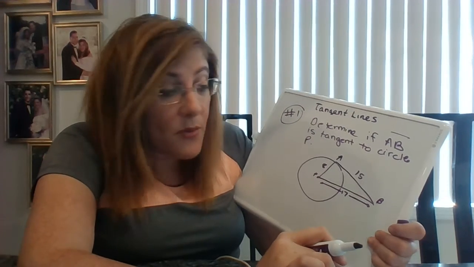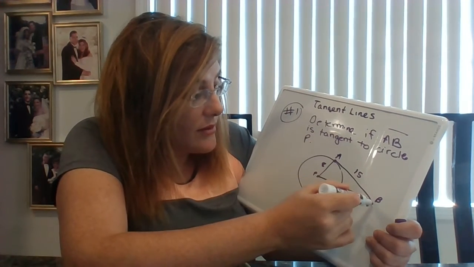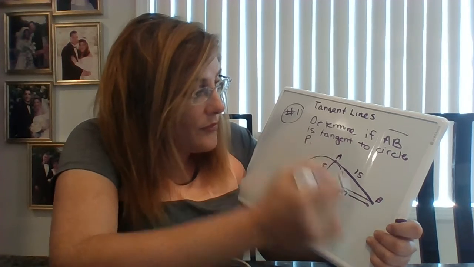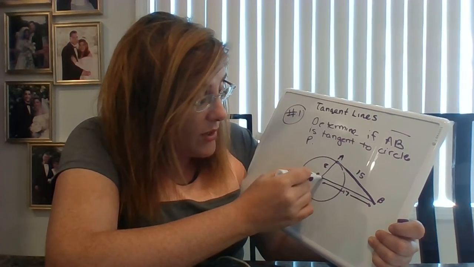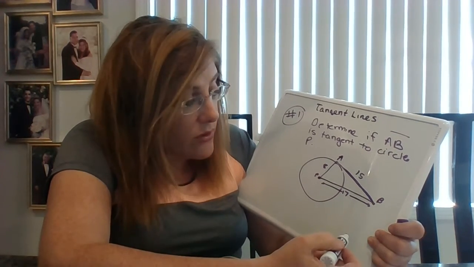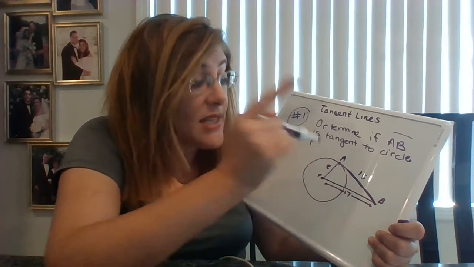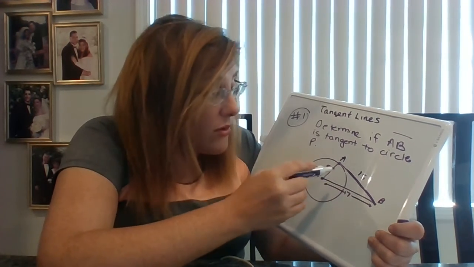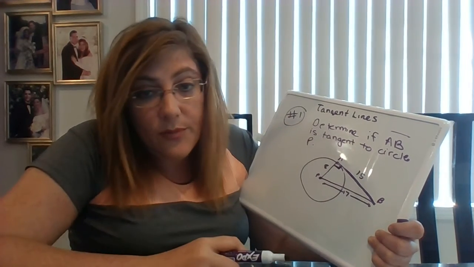So problem number 1 asks us to determine if line AB, that's this line right here, is tangent to circle P. This is circle P, we know, because at the center of the circle there's a P. There's some other lines drawn on here, but the bottom line is if this line AB is tangent to this circle, then this is a 90-degree angle.